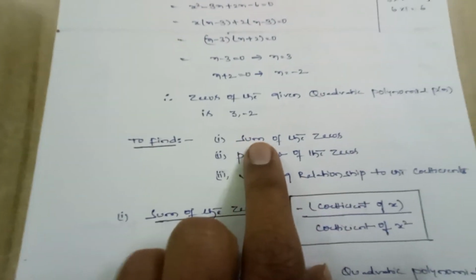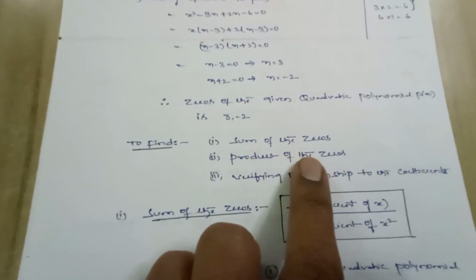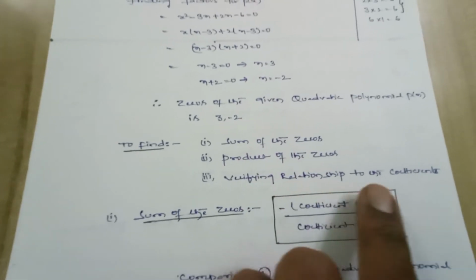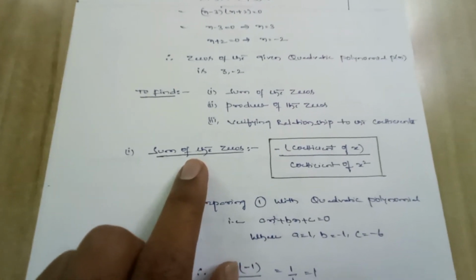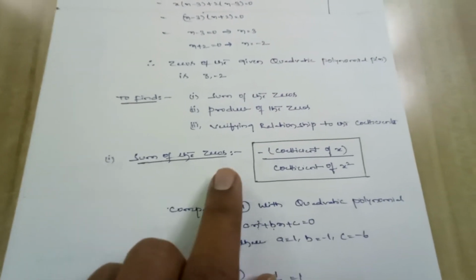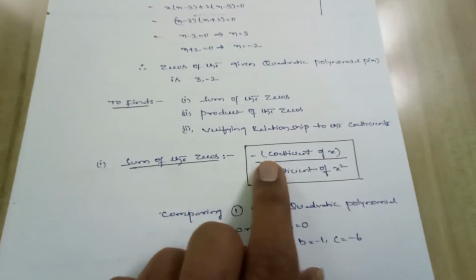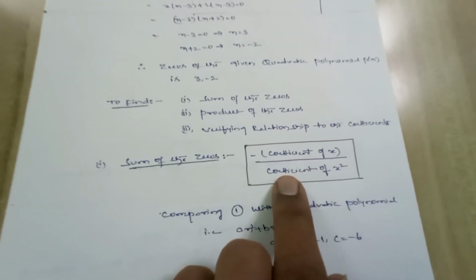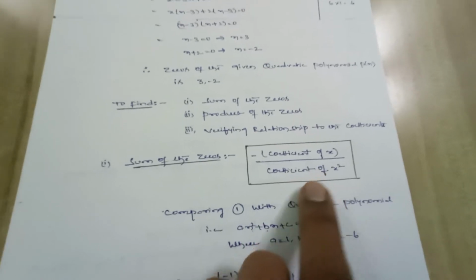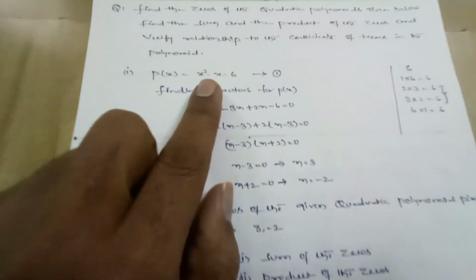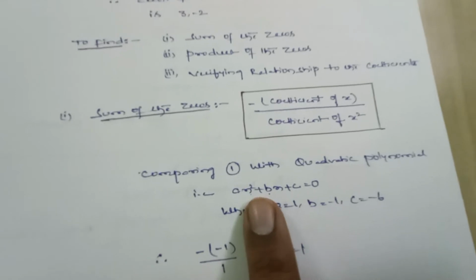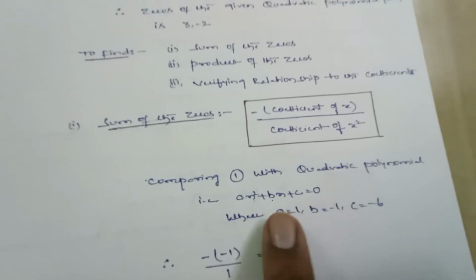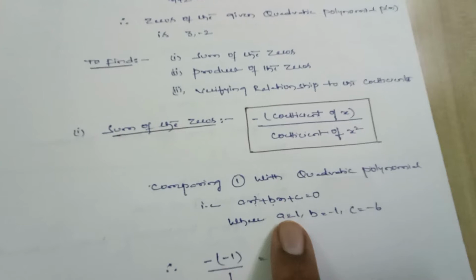We have to find the sum of the zeros and the product of the zeros and then verify the relationship to the coefficients. Okay, first one, sum of the zeros. We have the formula: minus of coefficient of x by coefficient of x square. So the given polynomial you have to compare with the quadratic polynomial ax square plus bx plus c equal to 0, where coefficient of x square, that is a, equal to 1.